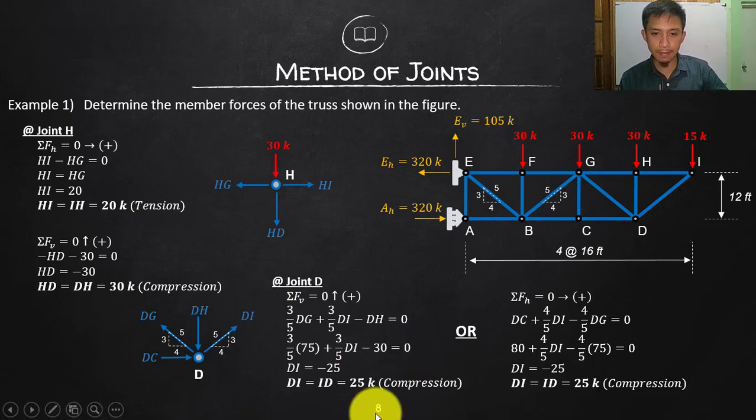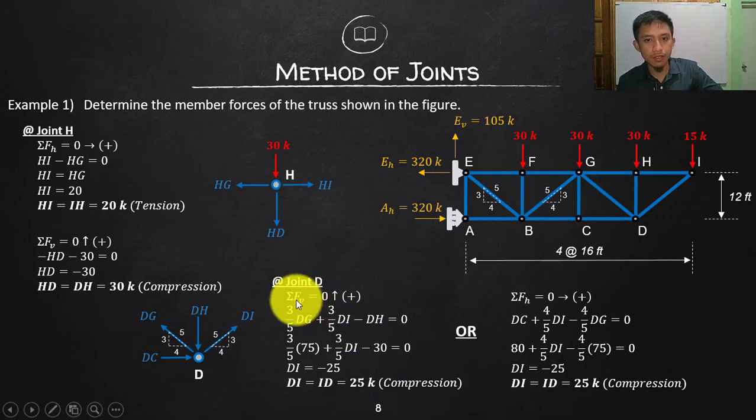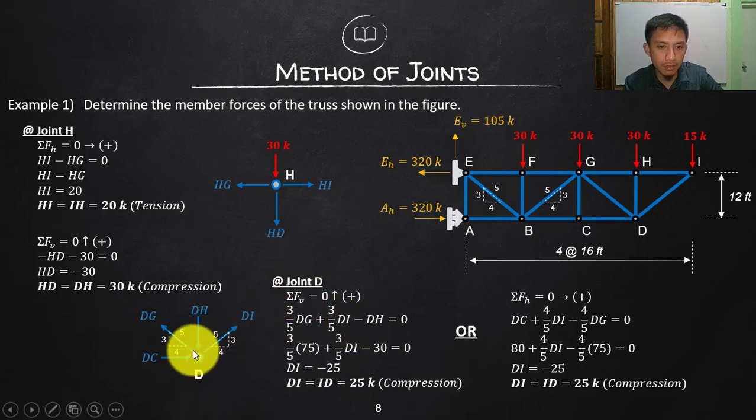So let's start. Let's say I will use summation of forces vertical. All going up is positive, so this is going up. 3/5 of DG is positive, and 3/5 of DI is going up, so positive, and then DH is downward, so negative.